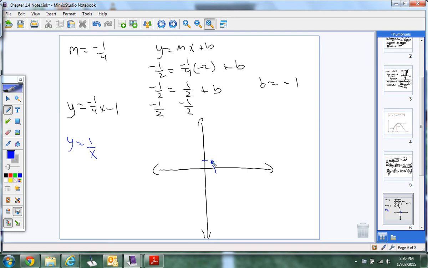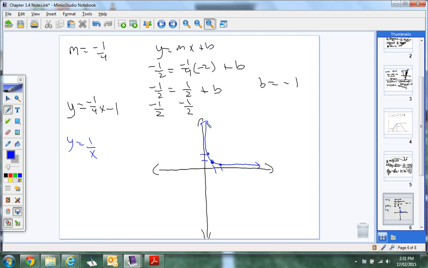Okay, if I do 2, 1/2. If I do a 1/2, it'd be like 2, right? 1 over 1/2 would be 2. So we see that this hyperbola here is going to go like this. It's going to be approaching 0 in the infinite direction.